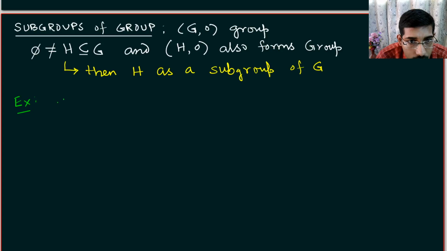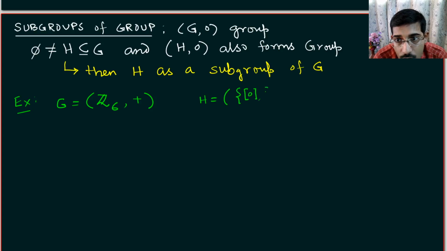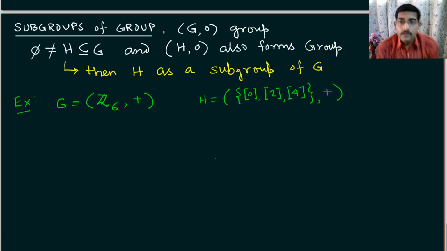If I take as my subgroup H the elements 0, 2 and 4, this set with the same plus forms a subgroup of G because it is itself a group. 0 plus 2 results in 2, 2 plus 4 results in 0 under modulus 6 operation.